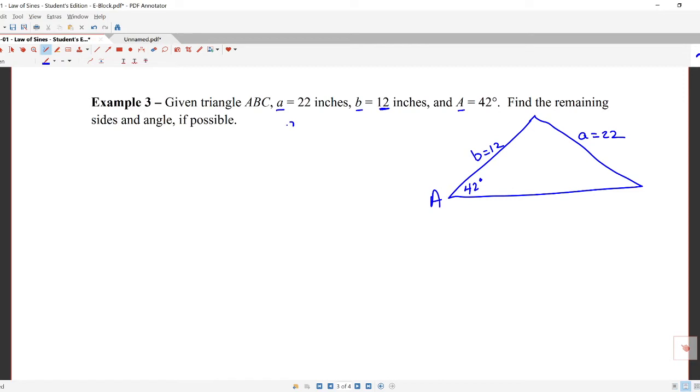So first of all, since I noticed that A is greater than B, then we have that fourth case that we have only one triangle.